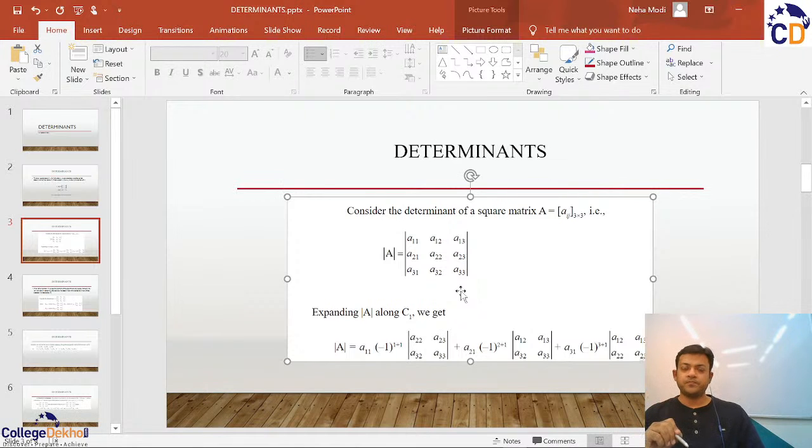Now the elements that are visible, which are a22, a23, a32, a33, must be put inside a new determinant. Okay. Similarly, we can calculate the cofactor of a21 and the cofactor of a31 as well.